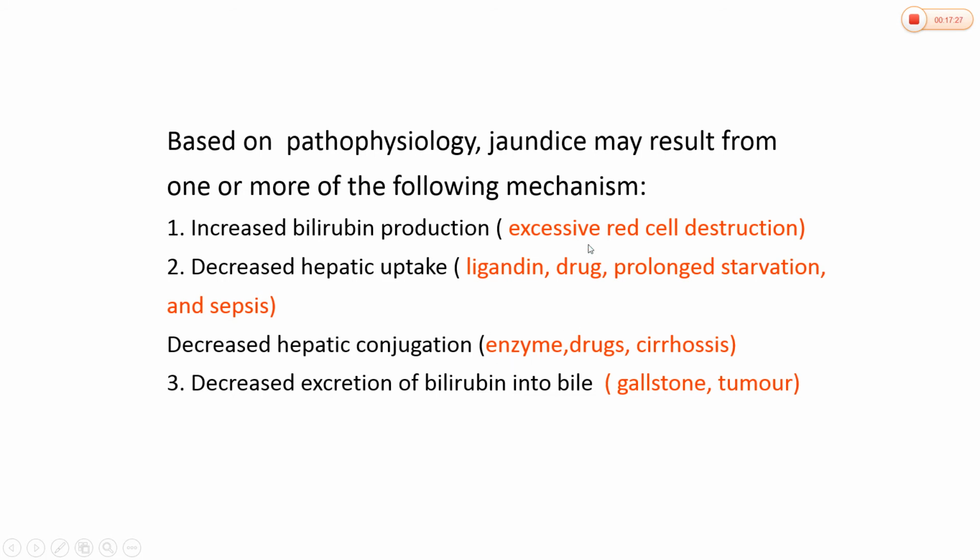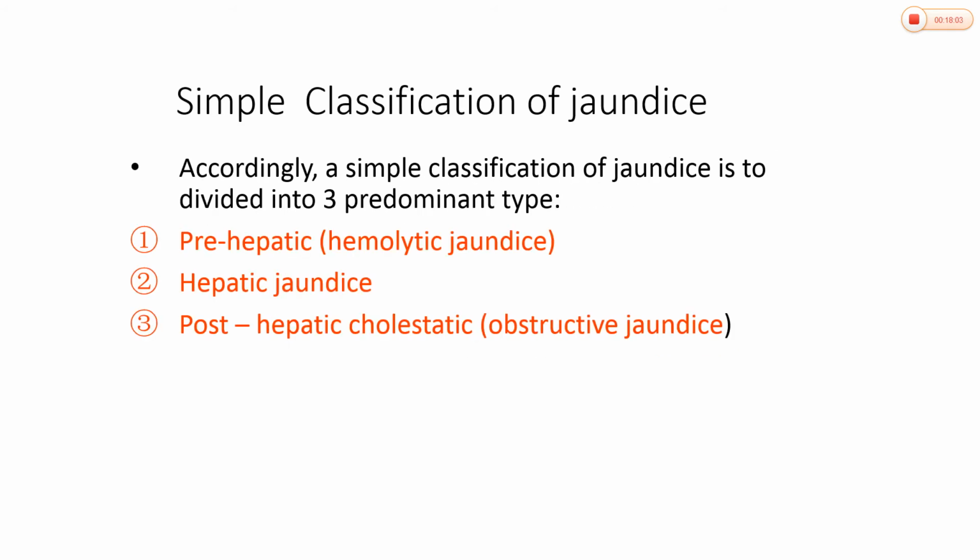On the other hand, there are certain drugs or prolonged starvation or sepsis where decreased hepatic uptake is seen, and decreased hepatic conjugation may be due to the presence of enzymes or drugs, or due to the non-functional liver in cirrhosis, wherein part of the liver becomes non-functional, or due to decreased excretion of bilirubin in the bile, which may be due to gallstone formation or a tumor, and thereby secretion is not happening.